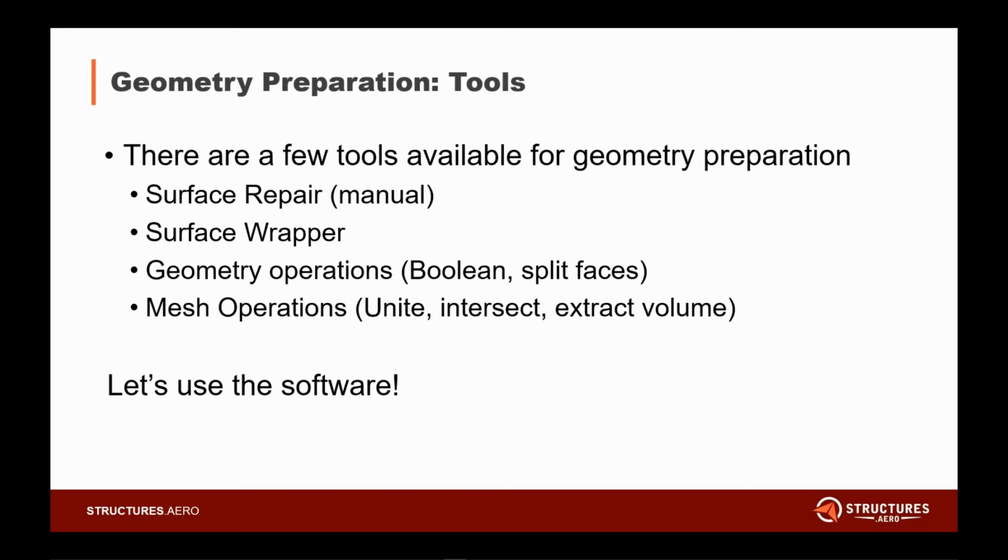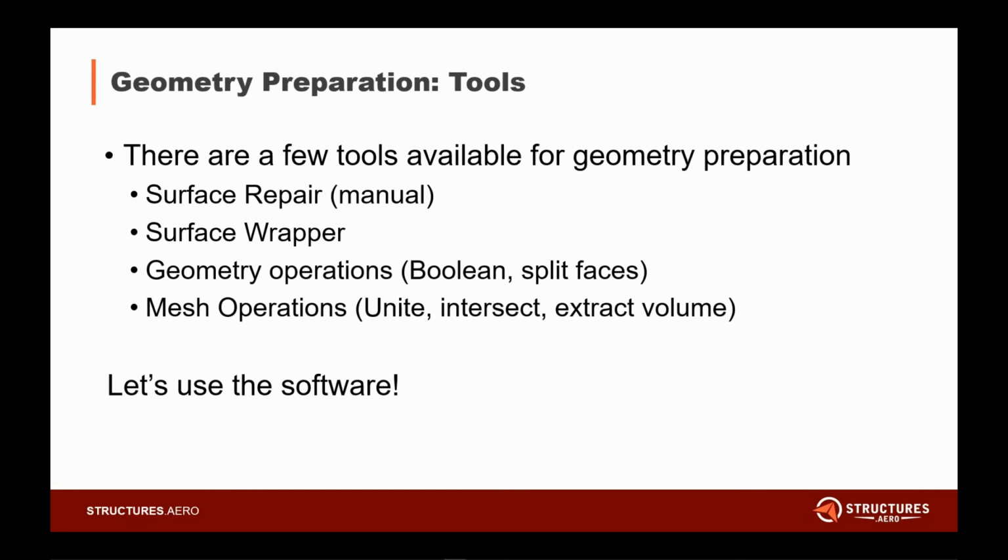So there's another tool called the surface wrapper, and it's actually a mesh operation, but it essentially works by shrinking, you can think of it as like a balloon. It shrinks onto your part, and you can basically defeature your part that way, or close gaps, or cross gaps.